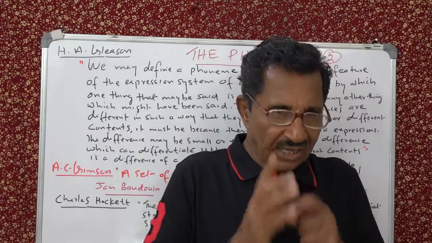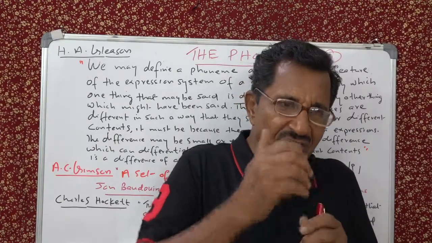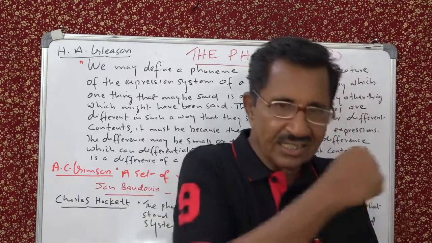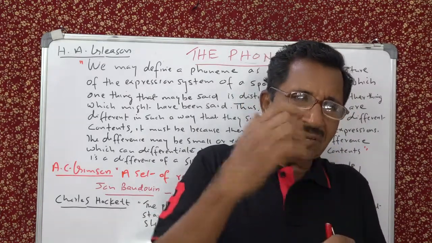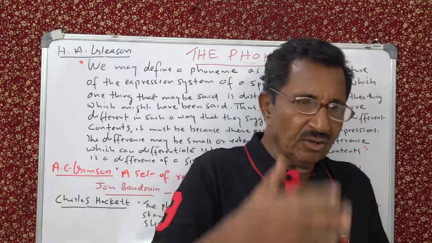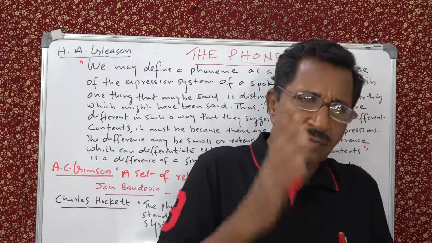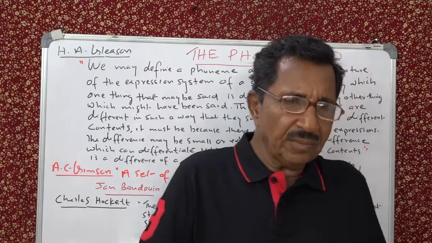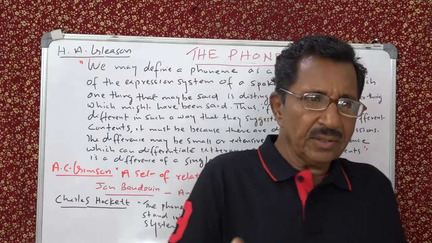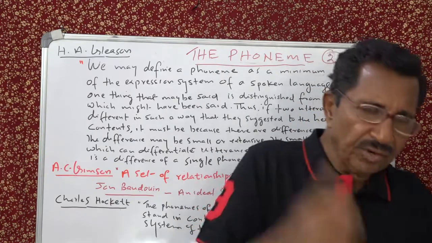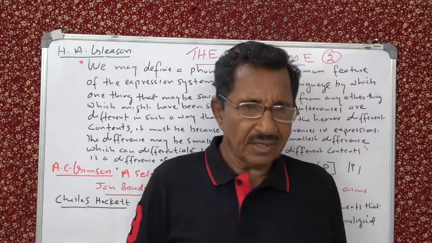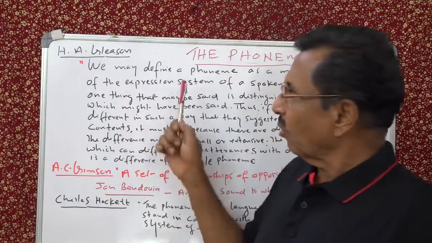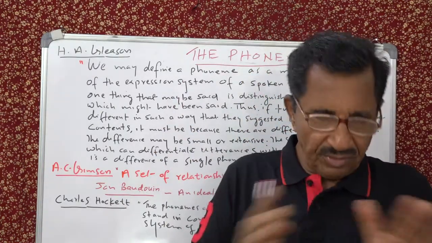So each phoneme has a set of features, means qualities, or we can say characteristics, and each phoneme is different from the other. English has got 44 phonemes. All the 44 are independent and they are different. One is not the same as the other. If one is the same as the other, that will not be a phoneme. It will be something else. Understand? So what is the function? According to Gleason's definition, what is important here is the difference.